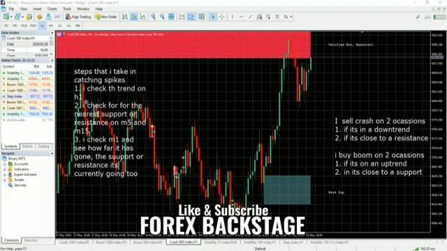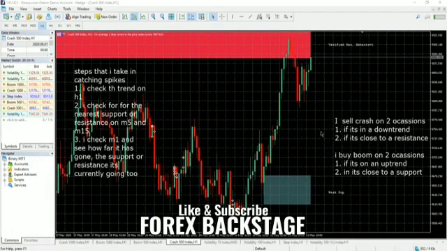I check the trend on each one. I check for the nearest support and resistance on M5 and M15, and I check M1 and see how far it goes. Okay, now we are going to be using Crash 500 as an example.